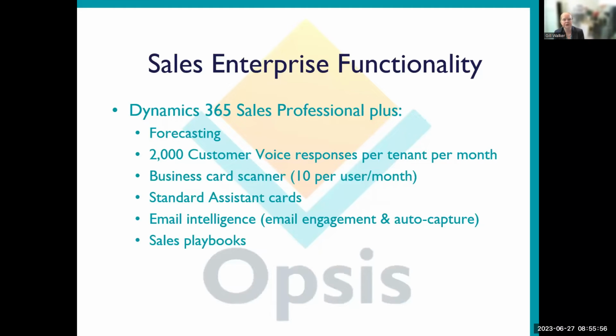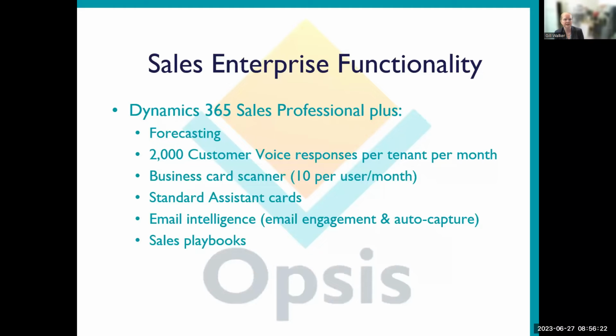A lot of different forecasting, and that is really pretty sexy. We also get 2,000 customer voice responses. So that's the ability to use various survey type tools. And we can have up to 2,000 responses per month.